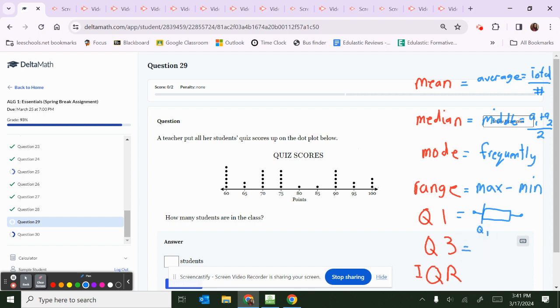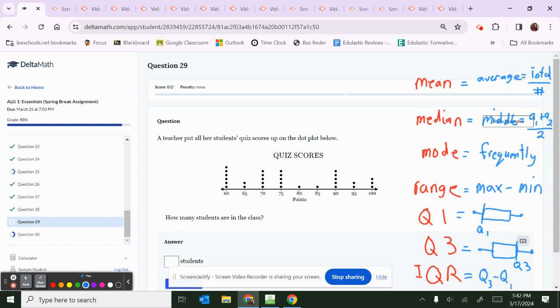And for that same box and whisker plot, this represents your quartile 3. For your interquartile range, you will be doing your quartile 3 minus your quartile 1.